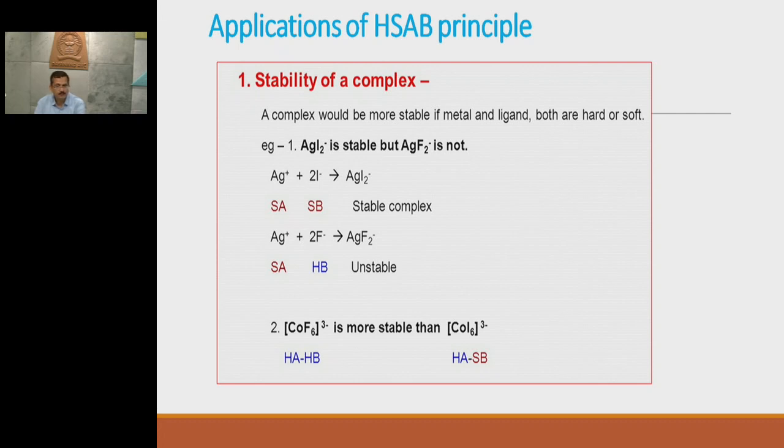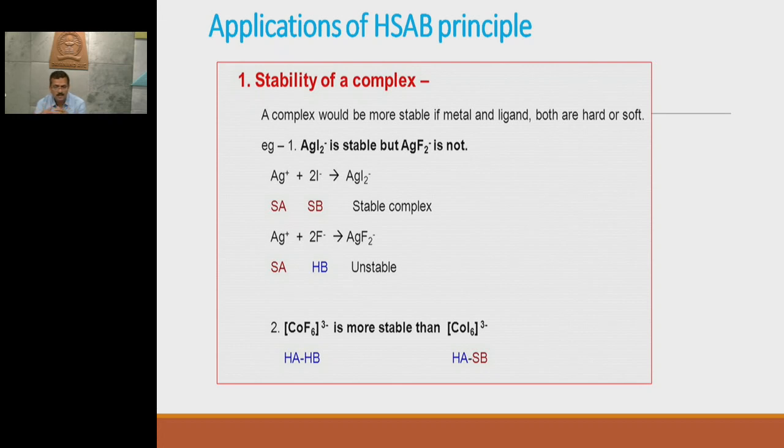While AgF2, when it is ionized, forms Ag plus and 2 F minus. Ag plus is a soft acid, but F minus is a hard base. So the interaction between a soft acid and a hard base leads to instability. So this is the idea of how we get stability of the complex or not.